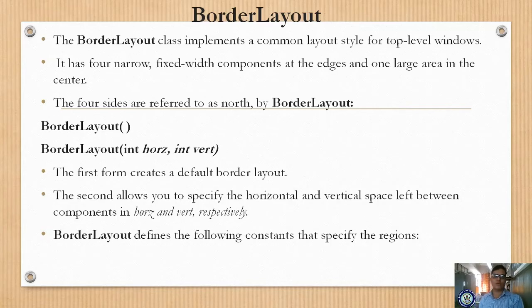The BorderLayout class implements a common layout style for top level windows. It has 4 narrow fixed width components at the edges and 1 large area in the center. As we know, a border is a combination of 4 sides with the center area.